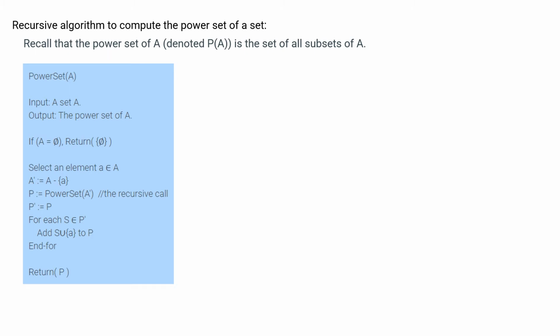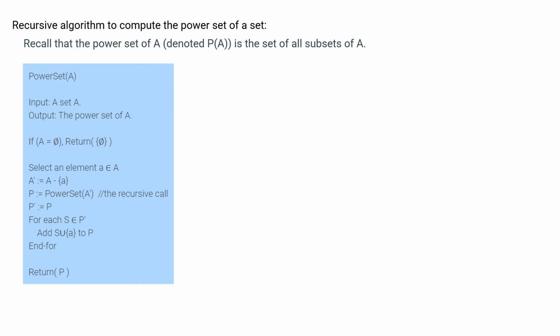And then we're going to come up with this new set called P prime that's equal to what we just got, what just got returned, okay? And then it says for each set in P prime, remember P, and P prime also, because we define P prime to be equal to P, is basically a set of a bunch of sets.